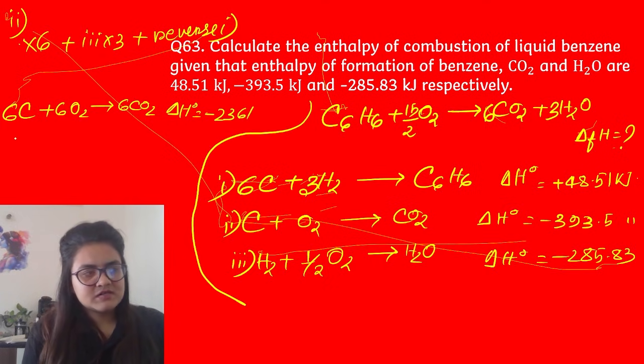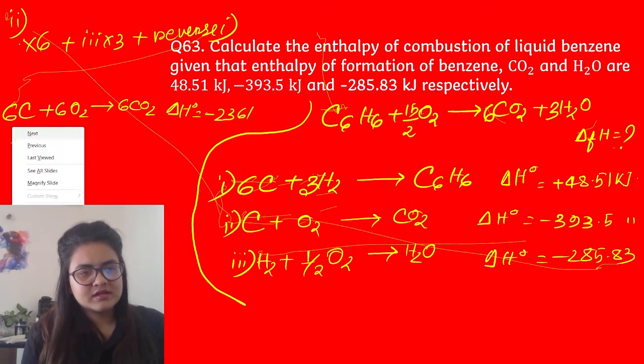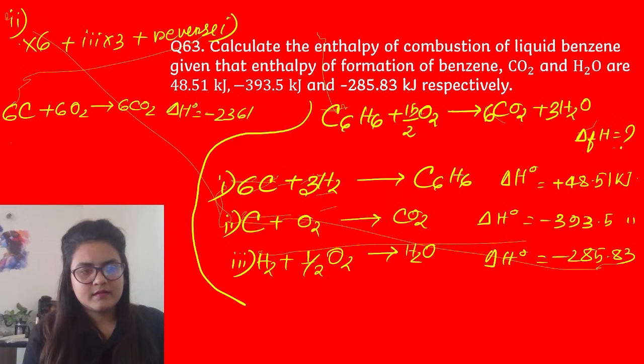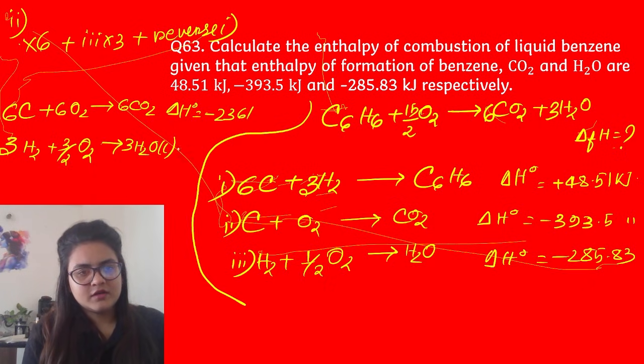Next equation is 3 into equation 3. So 3H2 plus 3/2 O2 will give you 3H2O in the liquid. Here also the enthalpy you have to multiply with 3.